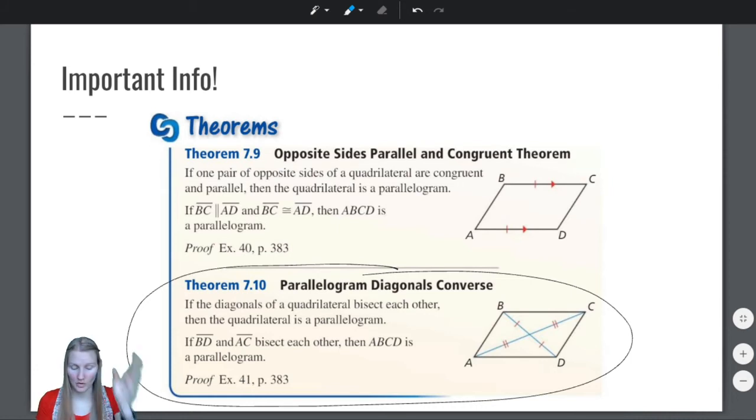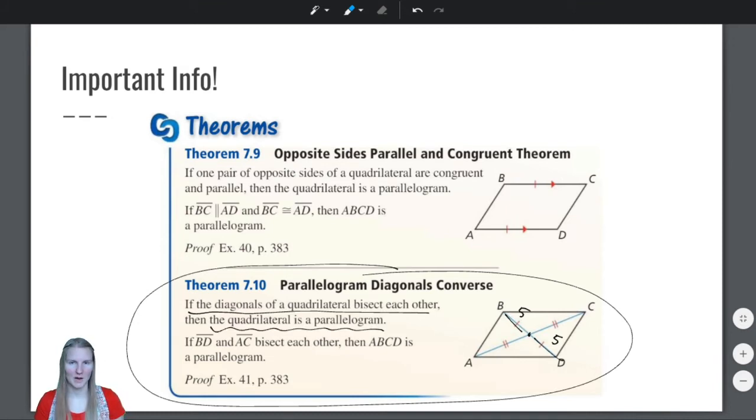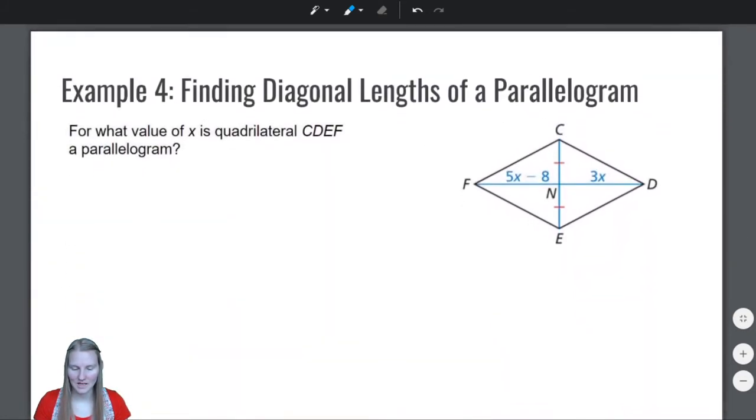Just to remind you what that says: if the diagonals of a quadrilateral bisect each other, cut each other in half, if they're the same on either side of the intersection, then the quadrilateral is a parallelogram. So, let's see an example of this theorem in our next example.